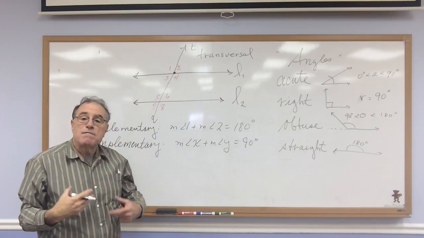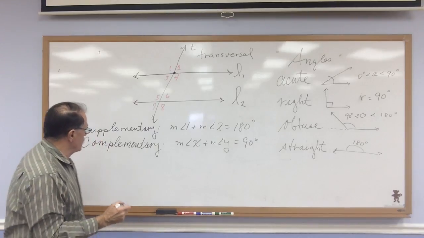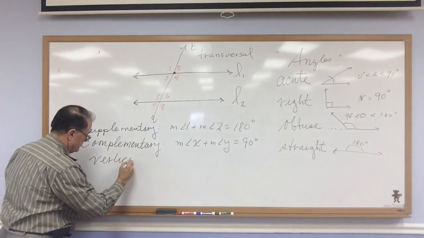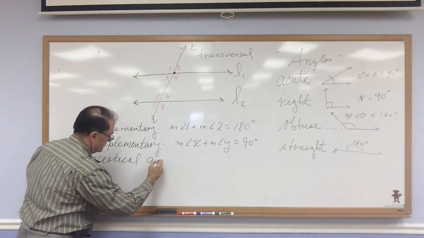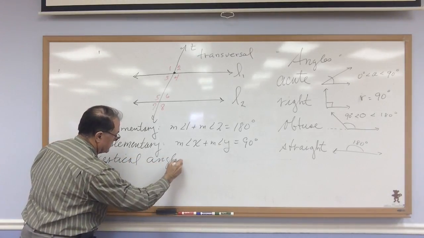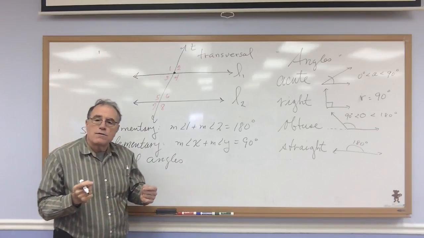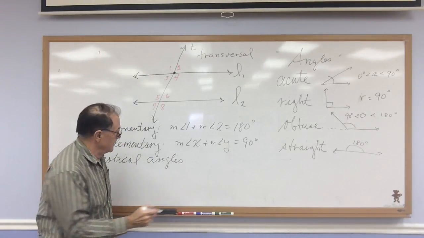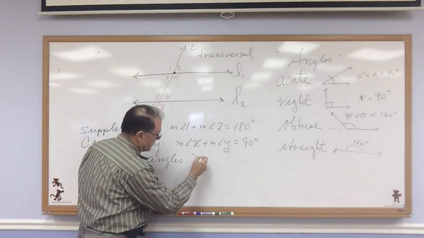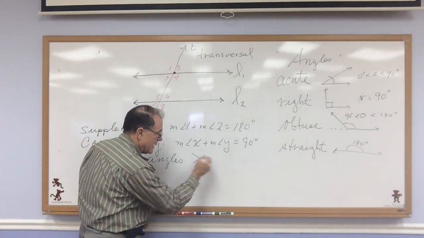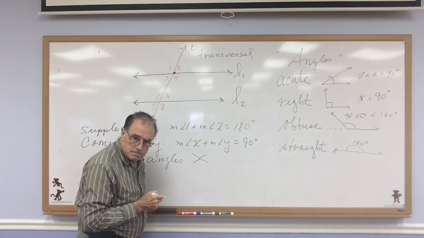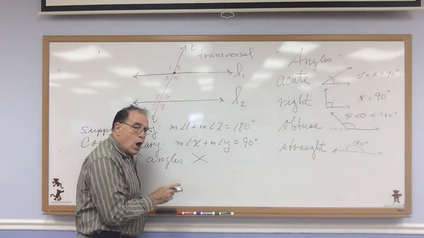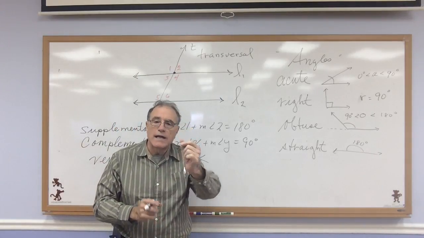A third type of angle pair would be vertical angles. And vertical angles are those, if you will, that point to each other. For example, this angle pointing to that angle would be vertical. And vertical angles are formed when two lines intersect.